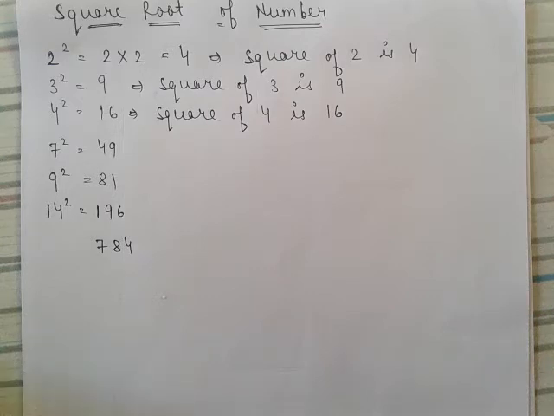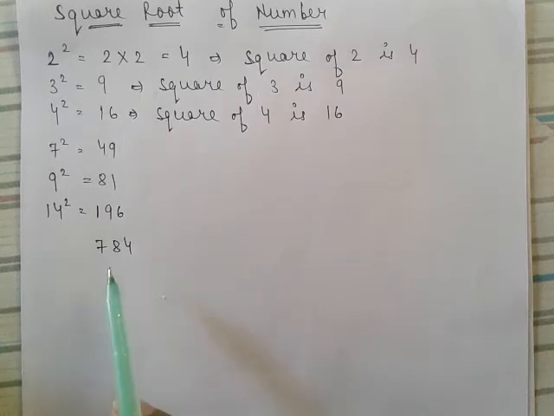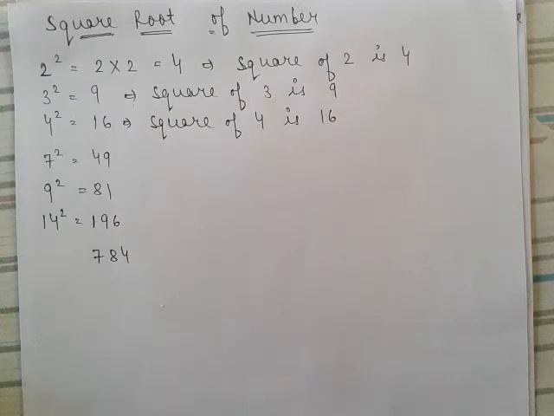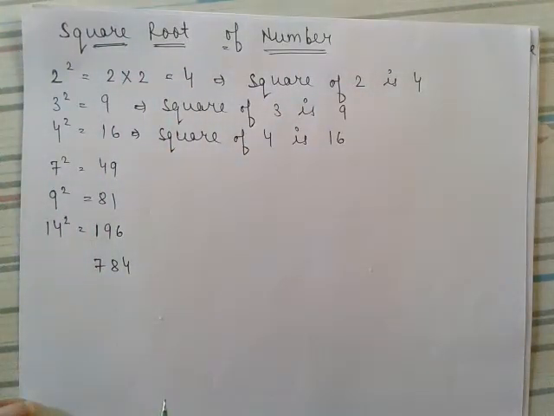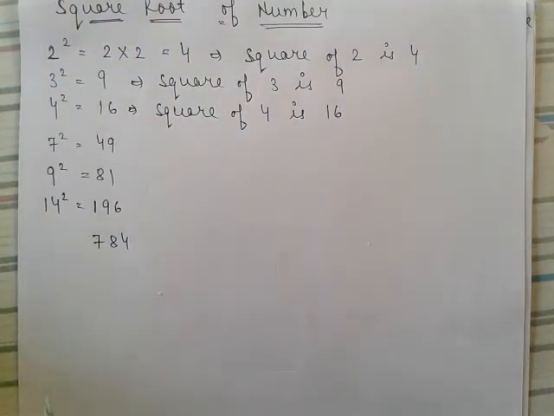So in the case of larger numbers, as well as smaller numbers, if you want to find which number's square is this number, you will use the concept of square root. The square root tells you which number's square this number was.